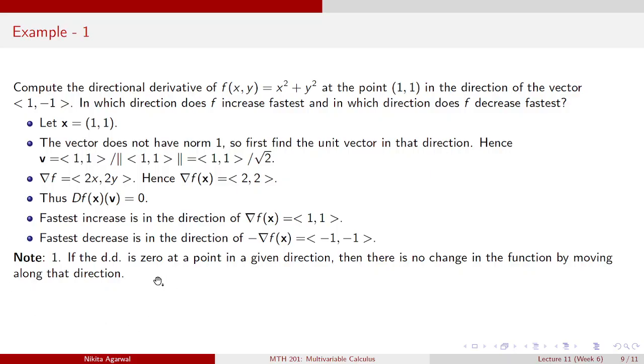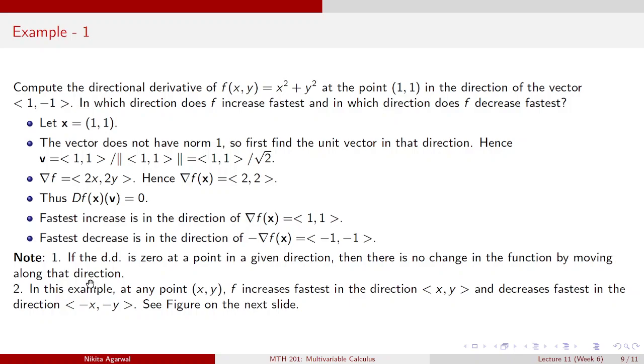So, if the directional derivative is 0 at a point in the given direction, then there is no change of the function by moving along that direction. In this example, at any point x comma y, f increases fastest in the direction x comma y because that's the gradient. What is the gradient of this function?